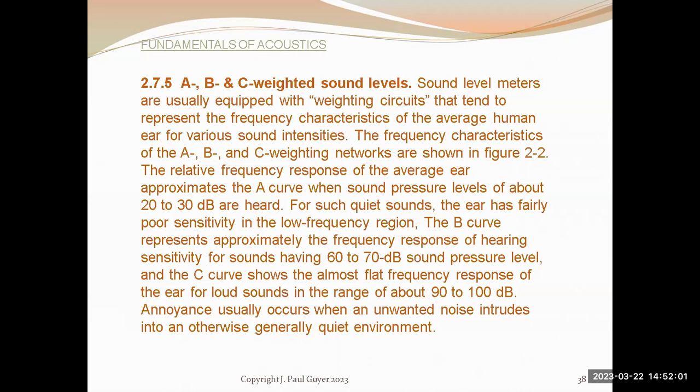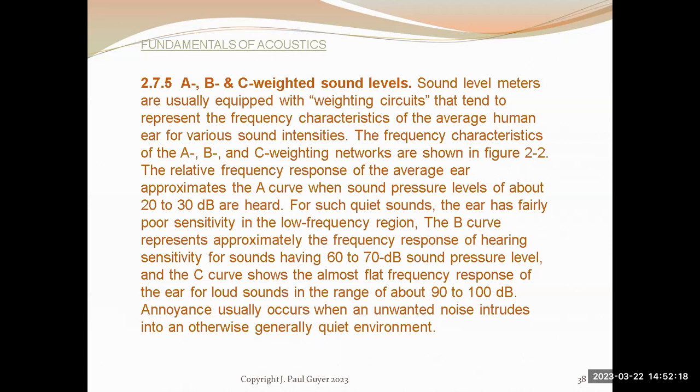And the other knob is the fast slow knob. So you've got two knobs on the sound level meter, A, B, and C, and then fast and slow.